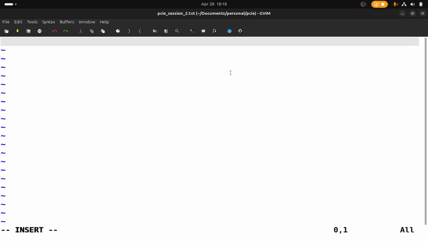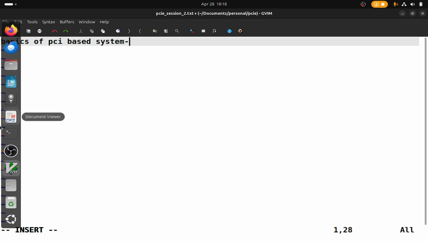So guys, today we will discuss about basics of PCI based system. First of all, we need to draw a block diagram.